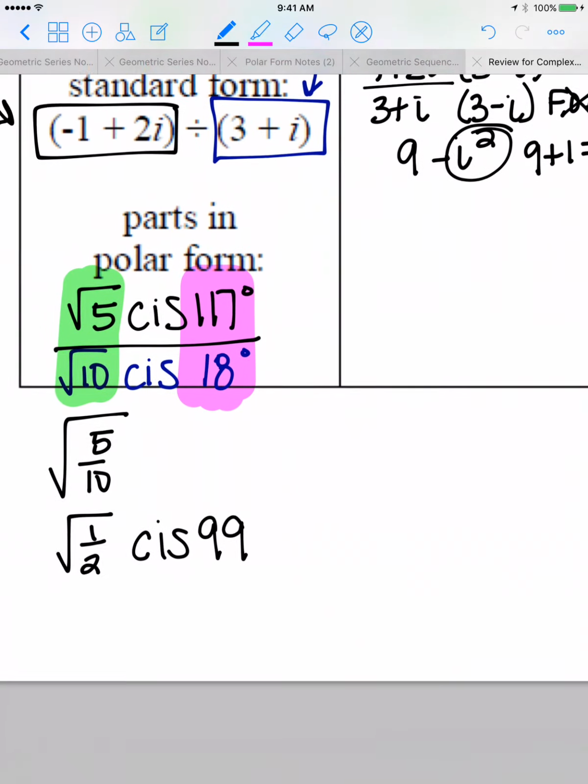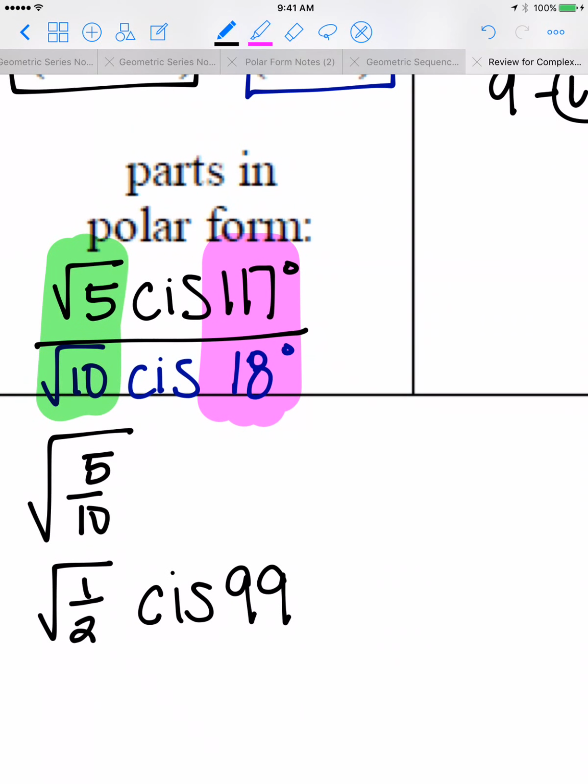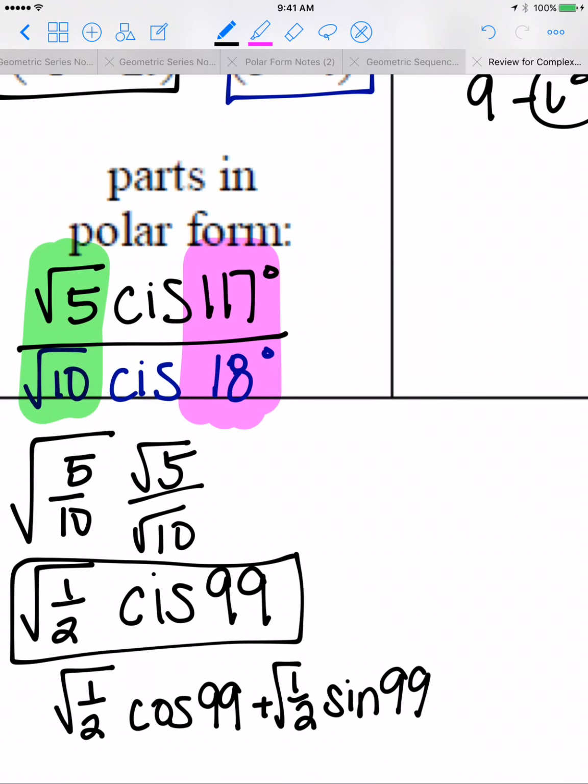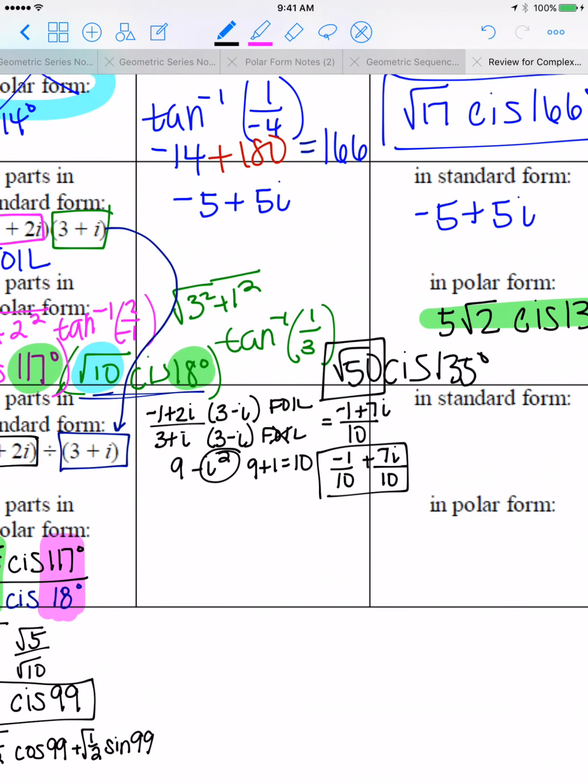So now that we're here with our square root of 1/2 CIS 99, 1/2. Oh, there it is. So the square root of 1/2 is equal to 0.71.